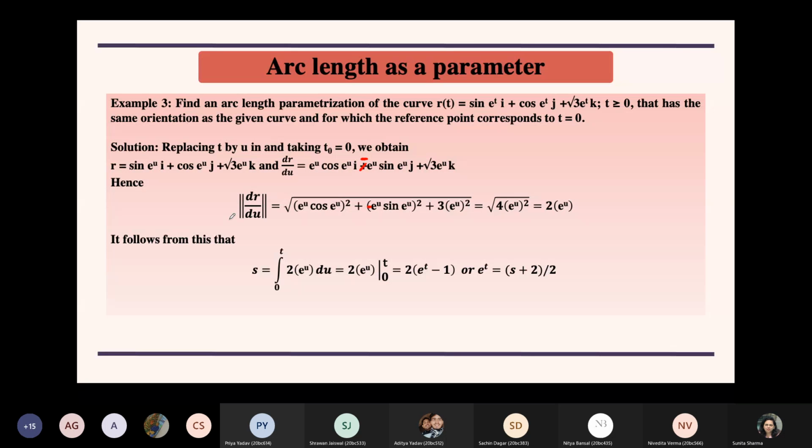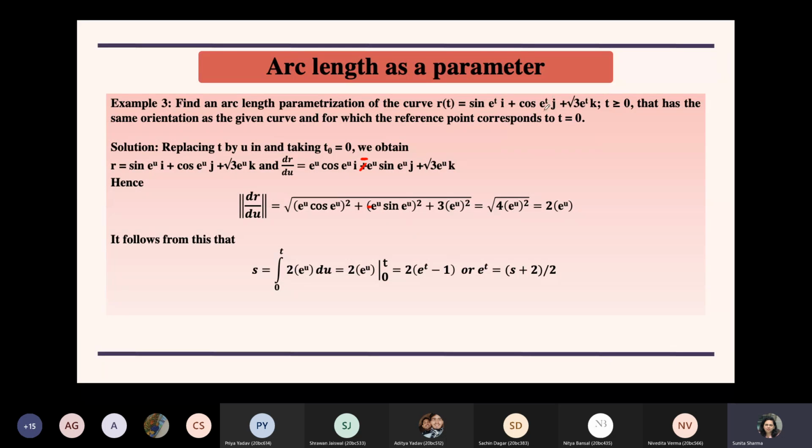Now, if we want, we could have written t in terms of u by taking some log on both sides, and then you can write t in terms of s. But as such, in our expression of r(t), we do not have t occurring anywhere. We just have e to the power t throughout.